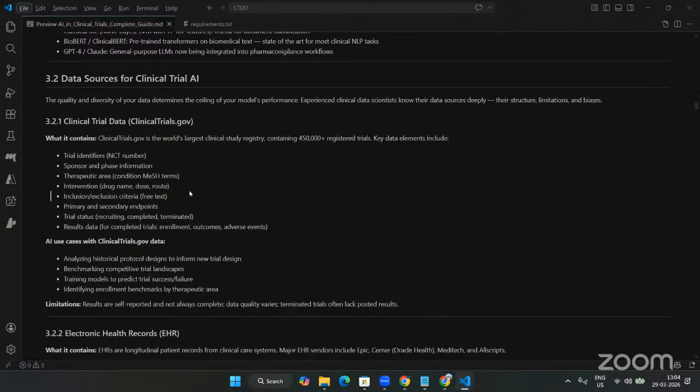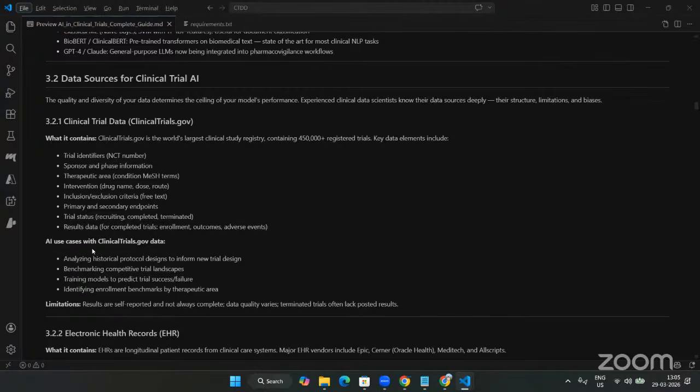It is the world's largest clinical study registry, with 450,000-plus registered trials. Key data elements include trial identifiers and NCT number, sponsor and phase information, therapeutic area, condition, MeSH terms, interventions, drug name, dose, route, inclusion and exclusion criteria as free text, primary and secondary endpoints, trial status (recruiting, completed, terminated), and results data for completed trials: enrollment, outcomes, adverse events.